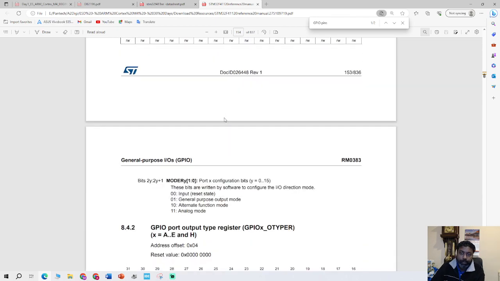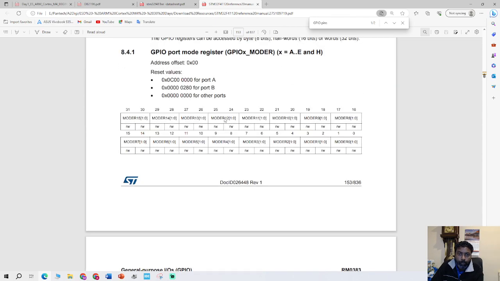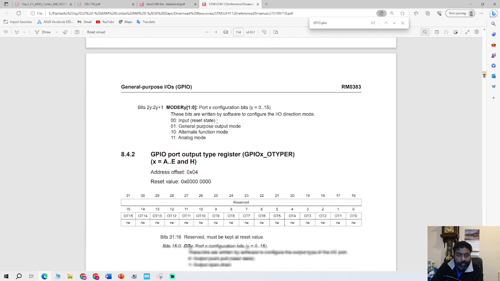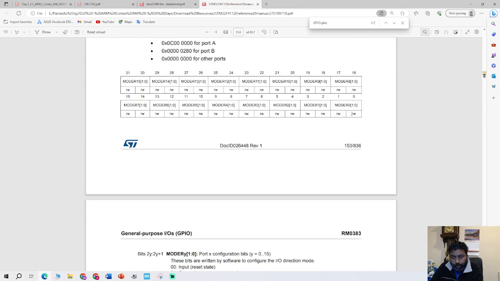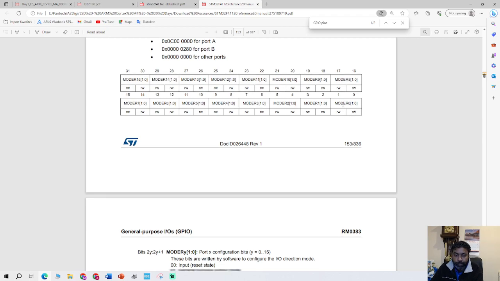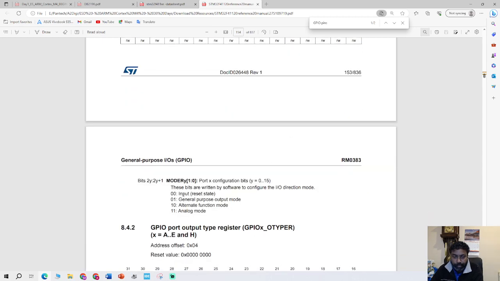The port mode register is a directional register. In other words, you can set the mode to one of the following 4 states. If you write 00 on bits MODER1 and MODER0, that means bit 0 and bit 1 are 0, and that means it is configured as an input state.